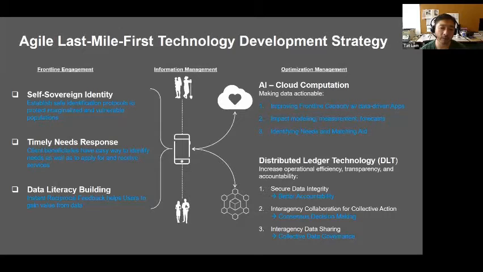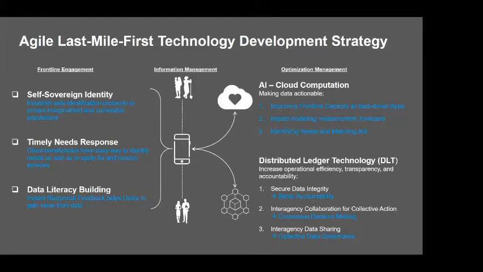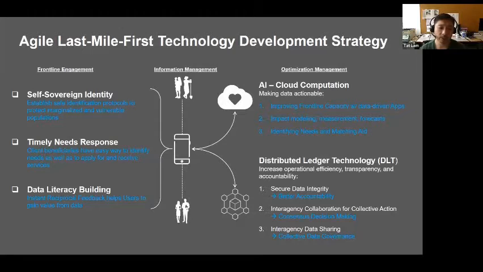From each of these bullet points, there are very specific strategies that we decide in terms of workshops, community engagement, and gamification, so that we are able to explain these big ideas to the community members. On the other hand, the right hand side is about management. It's about how, for example, AI and DLT, distributed ledger technology, or blockchain, can create a different or more efficient workflow, a redesign of the organization's internal workflow.